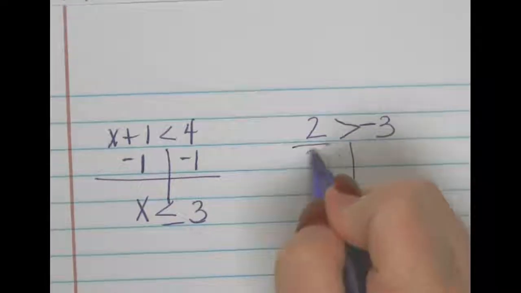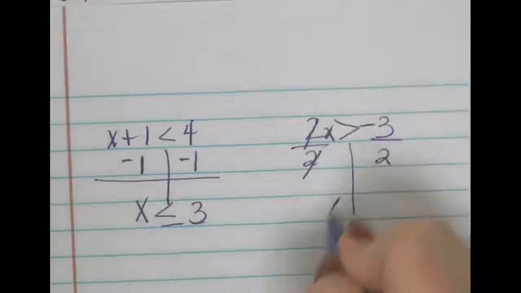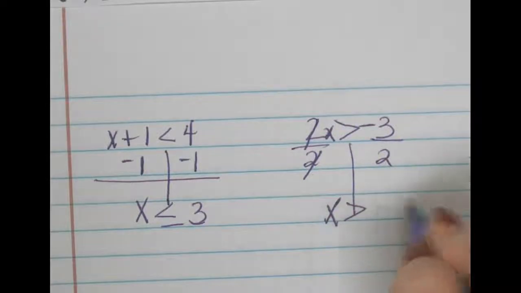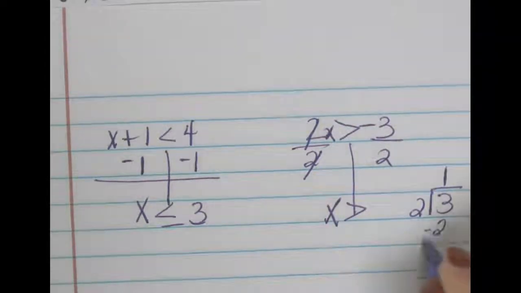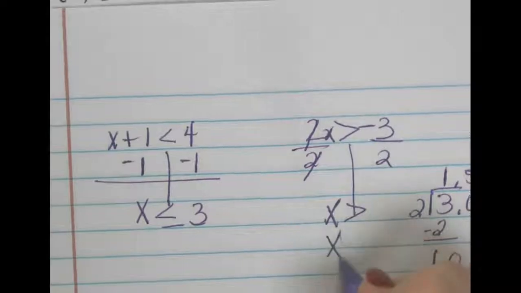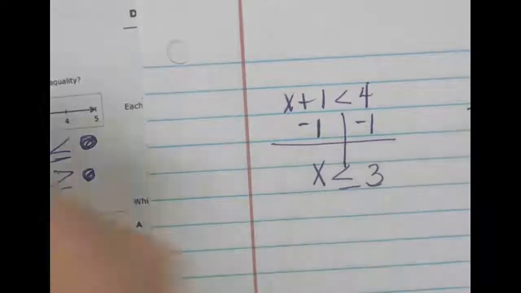I divide by 2, divide by 2. So x is 3 divided by 2, 1.5. Well, I know that's not on 1.5, so that can't be it.